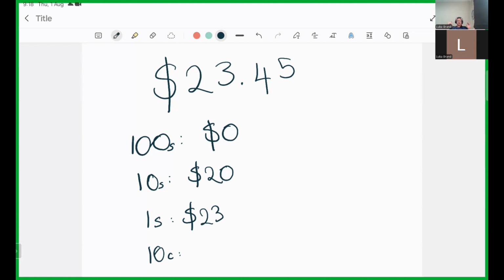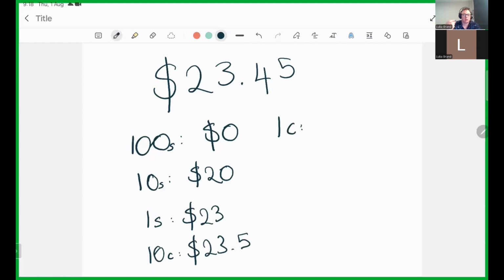In this case, the judgment call that we're going to make is that 45 is closer to 50 than 40. That is called Swedish rounding. But that's what we're going to do. If it's 5, we're going to round it up. So in this case, we're going to agree that it's closest to $23.50.